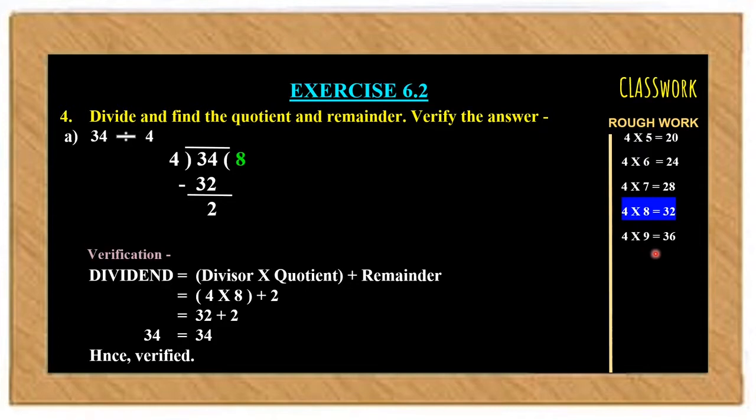As you are aware, children, 34 does not come in the table of 4. So, we will find a number which is just smaller than 34 in the table of 4, such that we get 32. So we wrote 4 multiplied by 8, giving us 32.